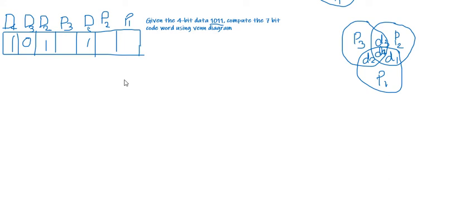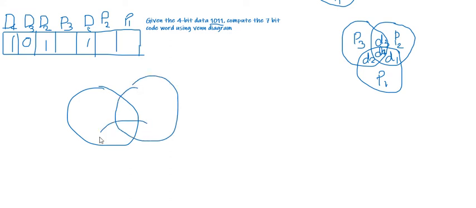The data bits are given. Now you need to figure out the 3 parity bits. The question says you are going to use the Venn diagram. As I mentioned, your D1 comes on this right side here.